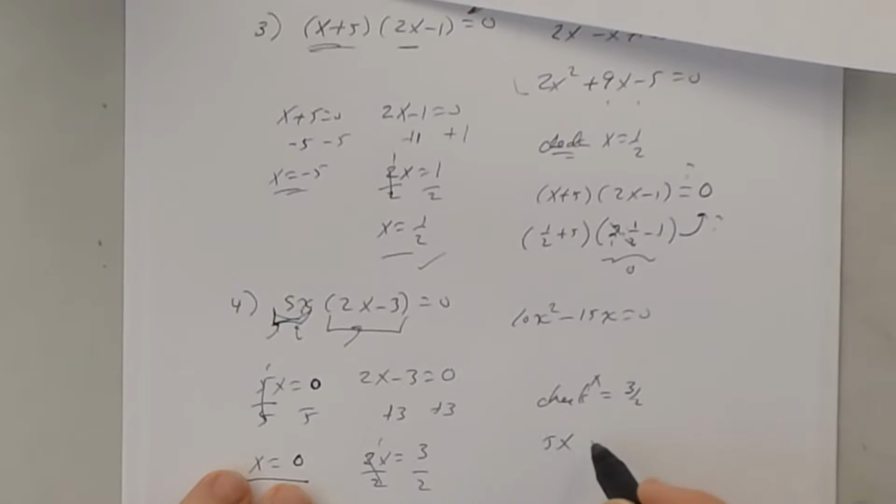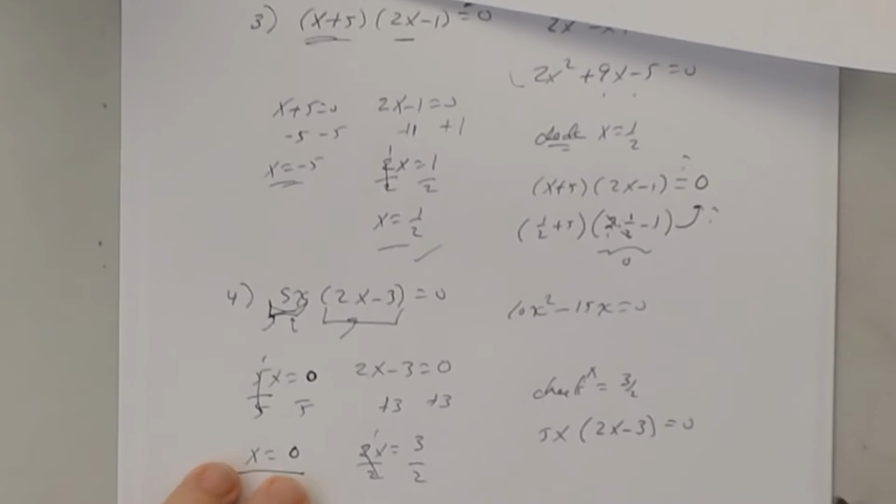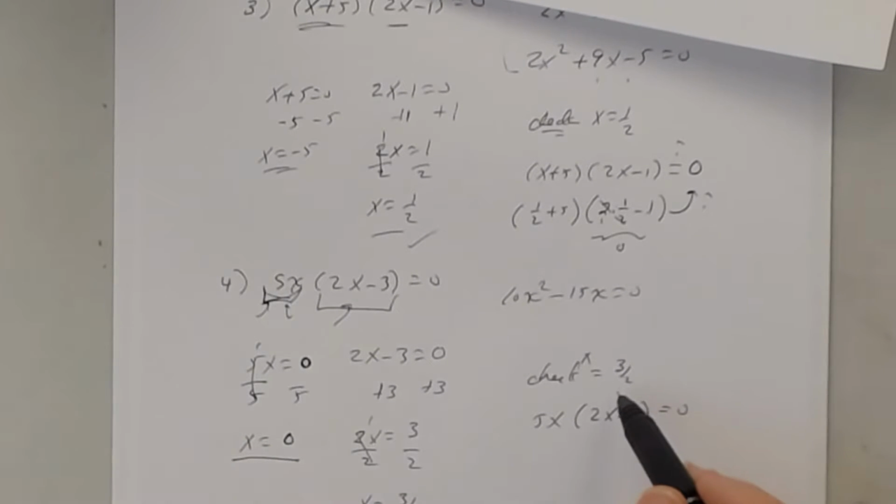So go back to the original. And where we see the variable x, you plug in 3/2. So I get 5 times 3/2 times, in parentheses, 2 times x, and what's x? 3/2, and whatever that is, I'm going to subtract 3, and I want to see if that product is 0. Well, let's do that parentheses first.